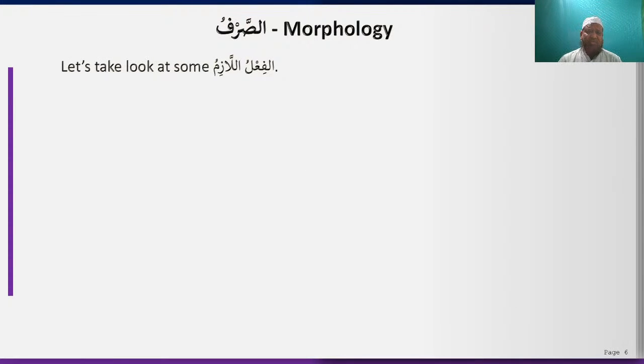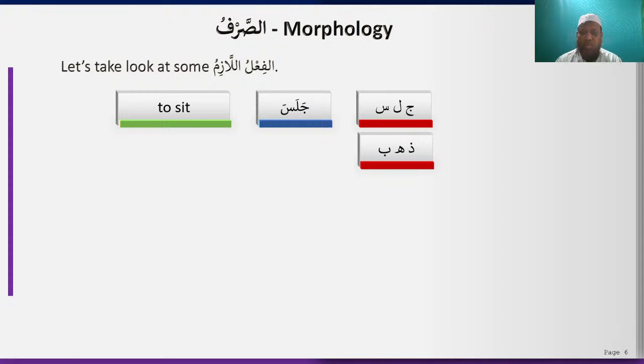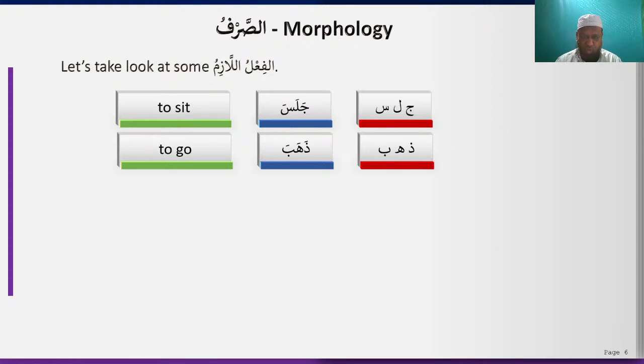Let's take a look at some al-fi'lul lazim. We have three root letters, Jim, Lam, Sin. The fi'l is jalasa, to sit. So jalasa is fi'l al-lazim. Jalasa does not require, or does not have, مفعول به. Next, ذهب, to go.